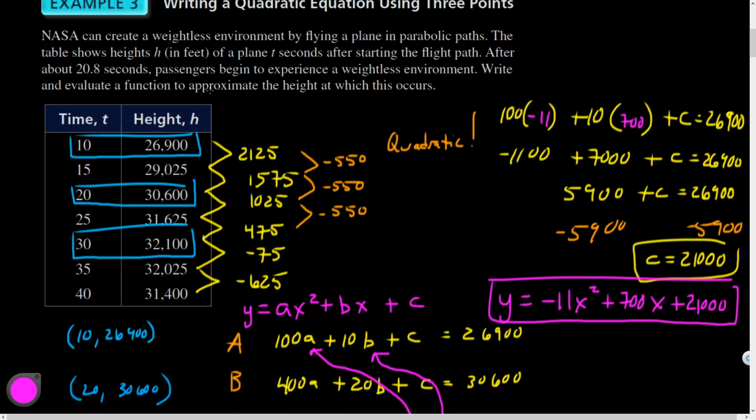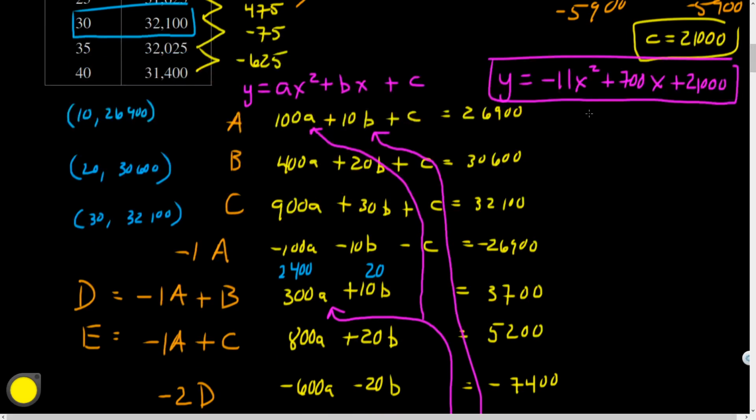They said write and evaluate the function and approximate the height when this occurs. So after about 20.8 seconds, I would plug in 20.8 for x. I would have negative 11 times 20.8 squared plus 700 times 20.8 plus 21,000.